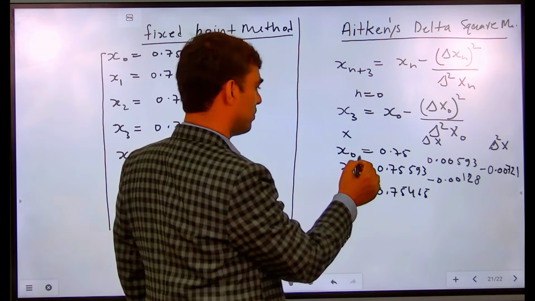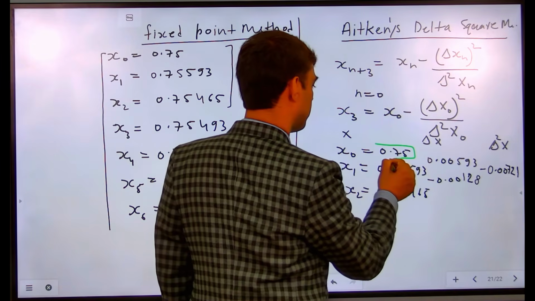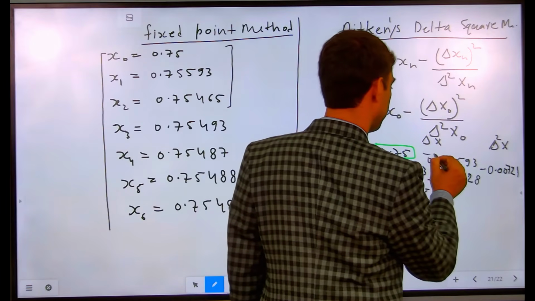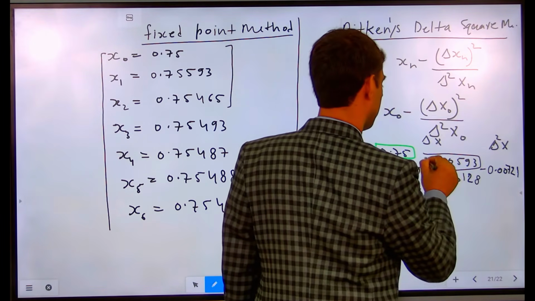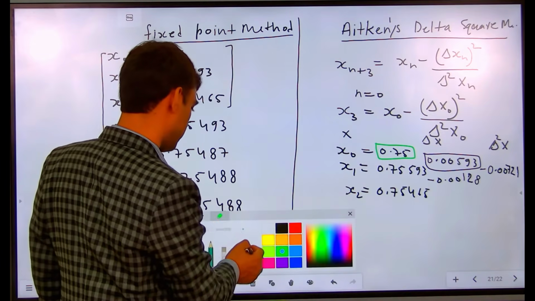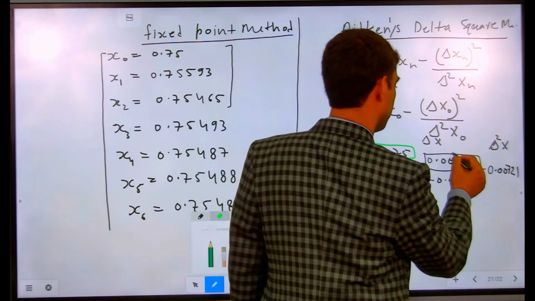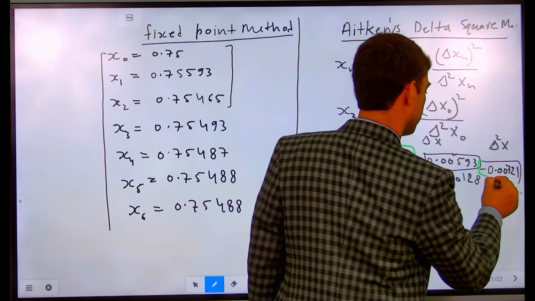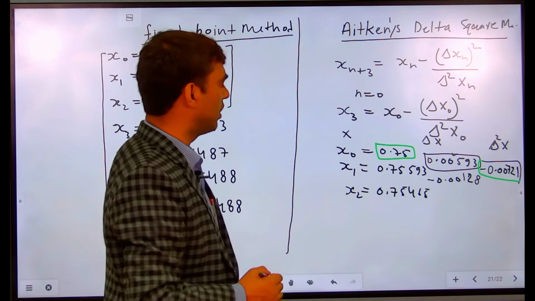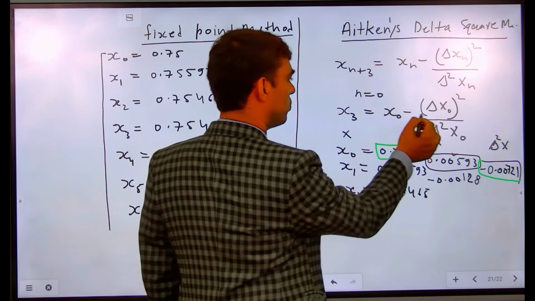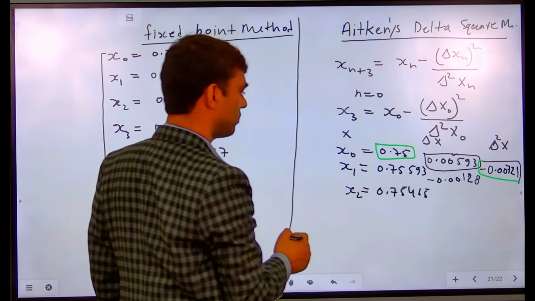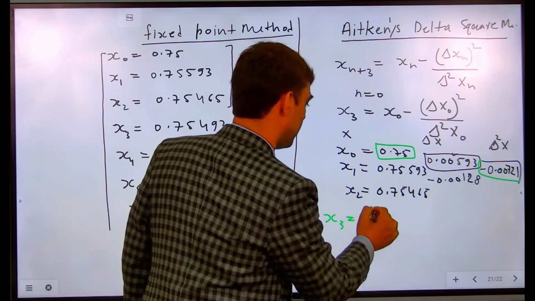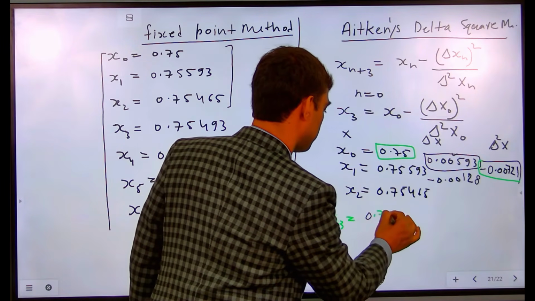Here we consider this one as the value of x0, this one as the value of delta x0, and this one as the value of delta 2 x0. Now we put the values of x0, delta x0 and delta 2 x0. So what is the value of x3? x3 becomes x0, which is 0.75.